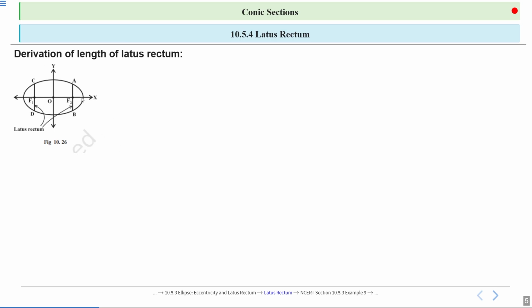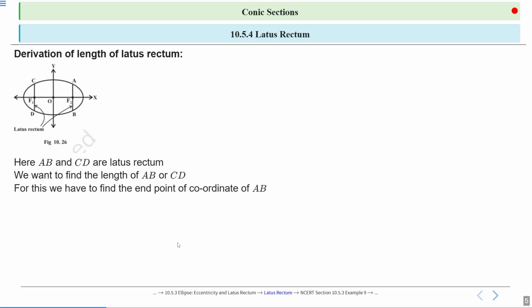For this ellipse the latus rectum are AB and CD, and we have to find the length of the latus rectum, AB or CD.